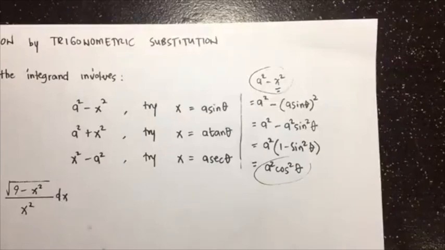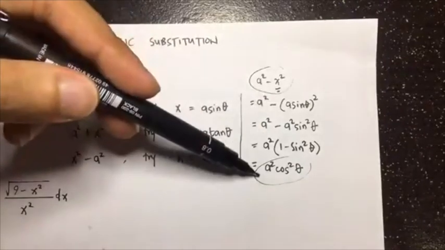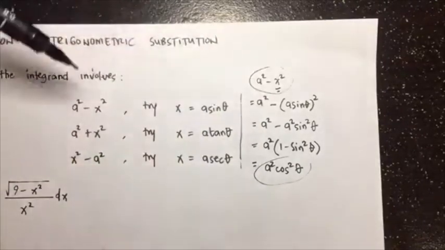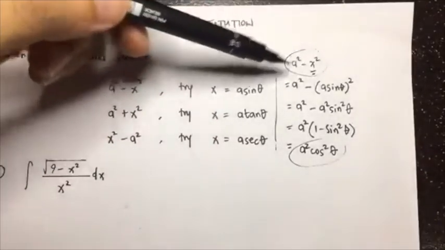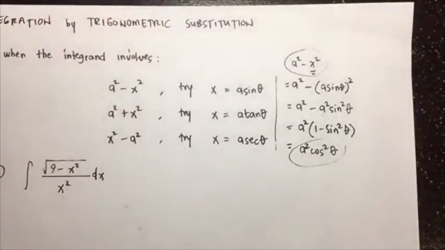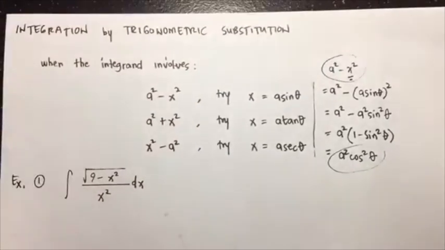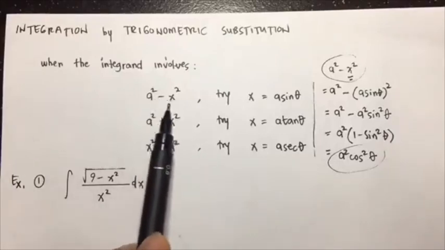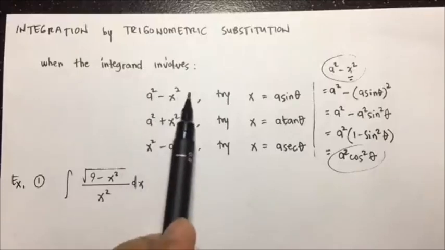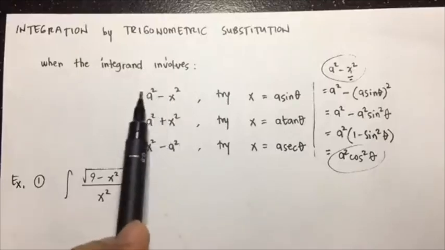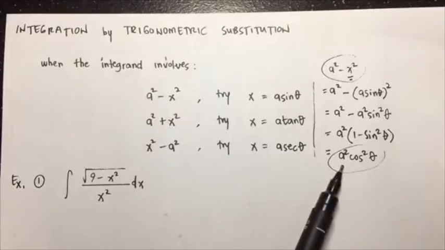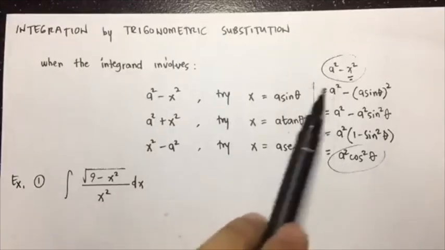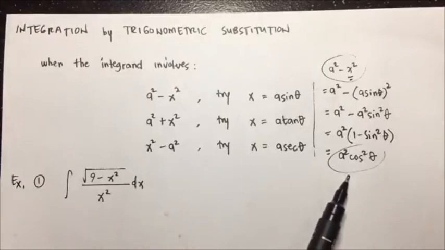With that, we can simplify the integrand. That's the main point of trigonometric substitution: from a two-term part of the integrand, it becomes a single term using the substitution and then the corresponding identities.